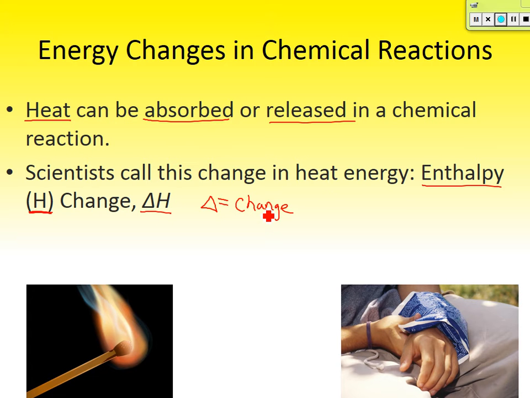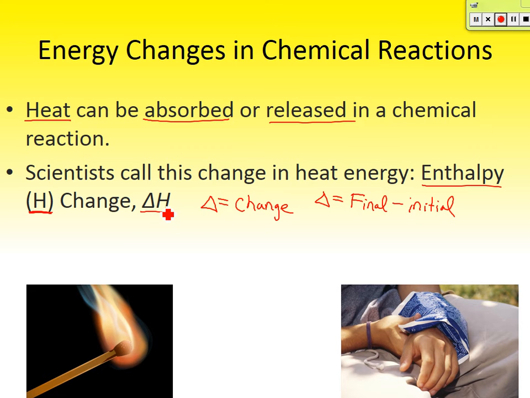How do you calculate change? Well, you take the final state and subtract the initial state. So final minus initial. Please write that. You're going to be using it this chapter. So when we talk about delta H, we're really talking about the change in enthalpy.